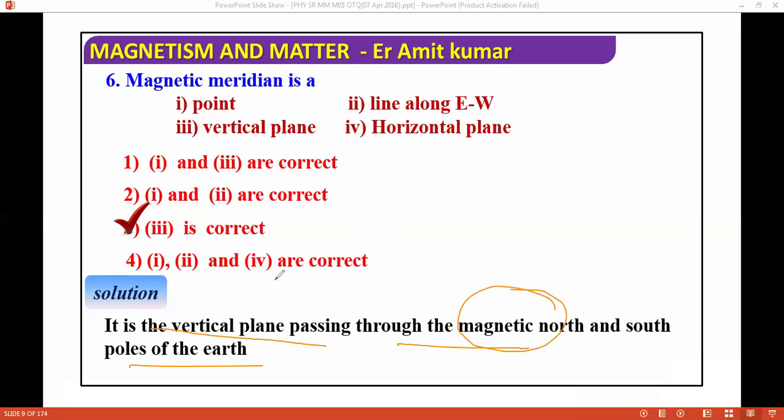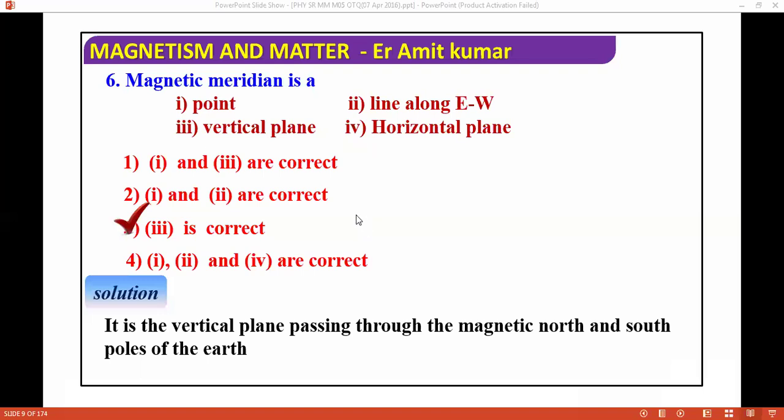We are not talking about geographic south or geographic north. We are talking about magnetic north and magnetic south. So the vertical plane passes through the magnetic north and magnetic south pole of the earth. So next question we're moving ahead.